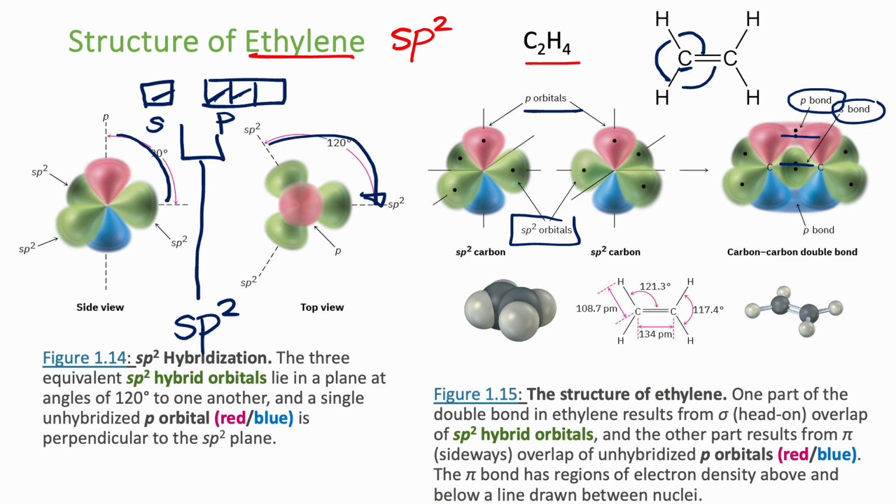That's how 2 bonds are able to form. This caption right here just restates that. So we have 2 sp2 hybrid orbitals overlapping to form a sigma bond, and then we have empty unhybridized p orbitals right there. Those are the unhybridized ones, forming a bond, a pi bond specifically.